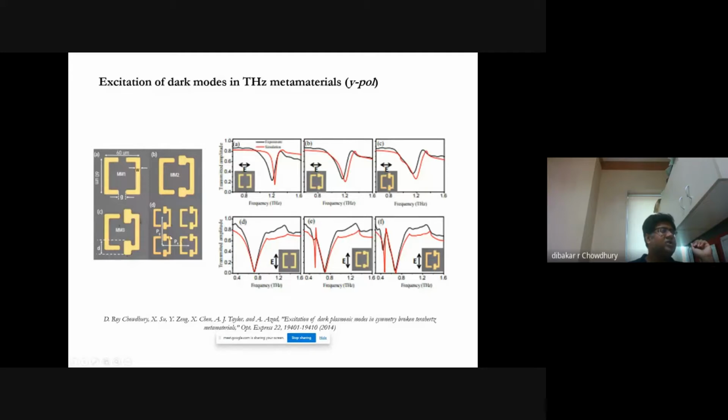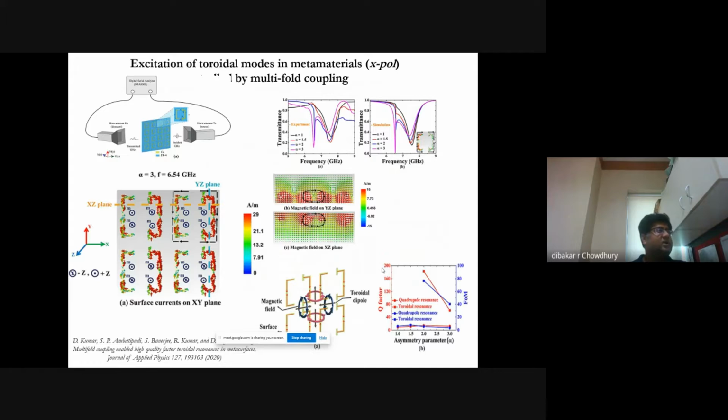In the symmetric structure this is the spectrum, and the moment we incorporate this asymmetry, a sharp mode appears. The red line is the simulation, black is the experiment, and this high quality resonance at the lower mode we have further exploited in different cases.